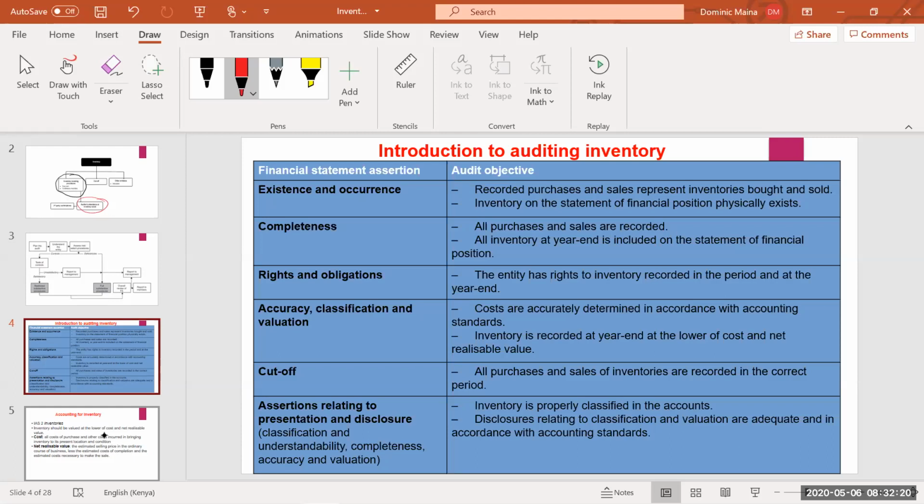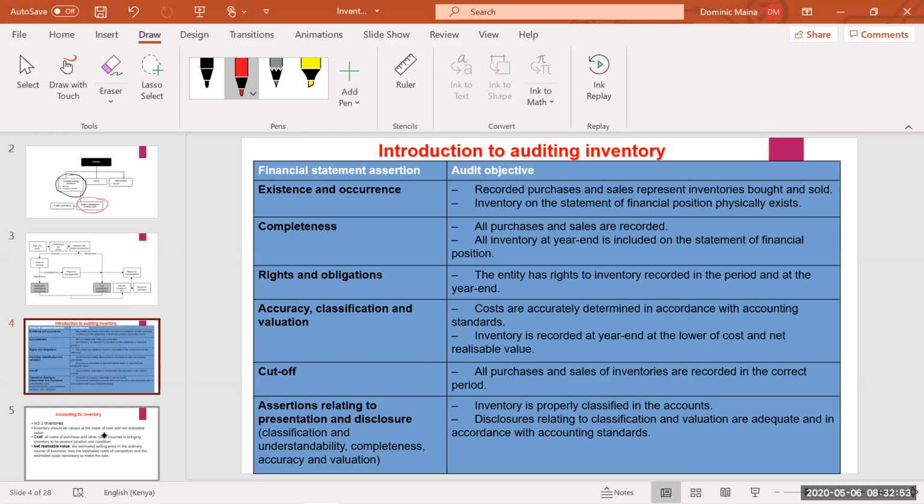Now, towards completeness, we're simply trying to assess whether the company has recorded the purchases and sales that did occur during the year. Are the company's inventory records complete, in the sense that we have been able to document any single movement in and out of the warehouse?